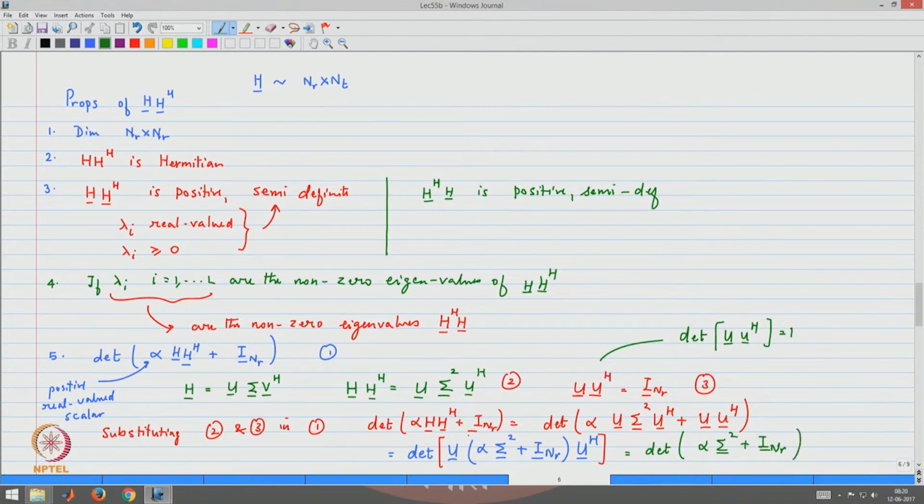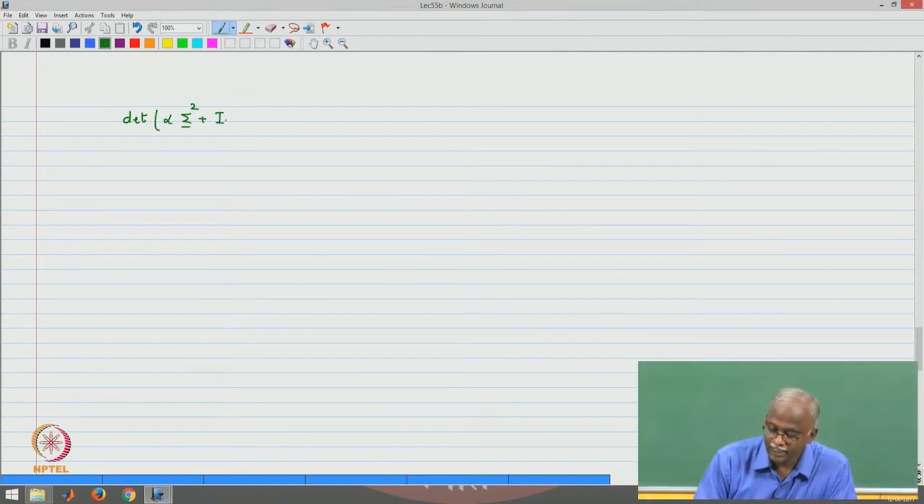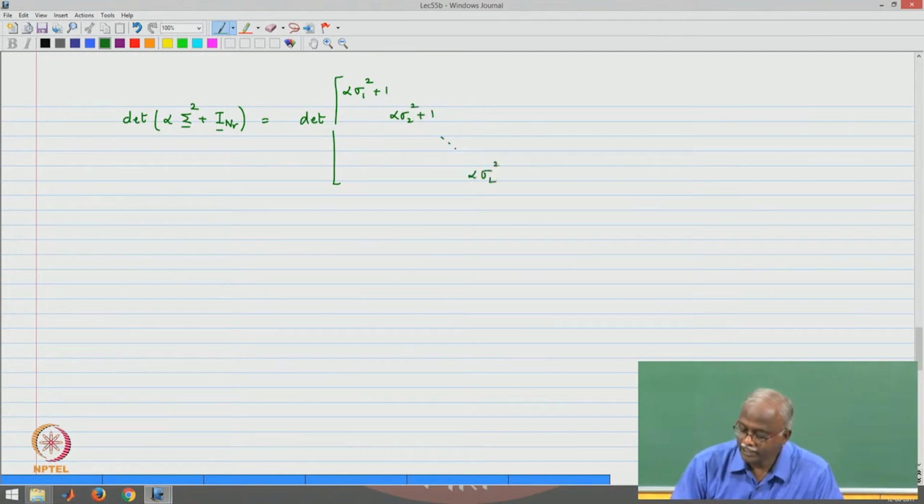Okay, one step away from a very useful and interesting result. The determinant of alpha sigma squared plus I_NR can be visualized in the following way. It is the determinant of a diagonal matrix where the first entry is alpha sigma 1 squared plus 1, the second diagonal entry is alpha sigma 2 squared plus 1, all the way to alpha sigma L squared plus 1, where L corresponds to the rank of the matrix, or the number of non-zero singular values.